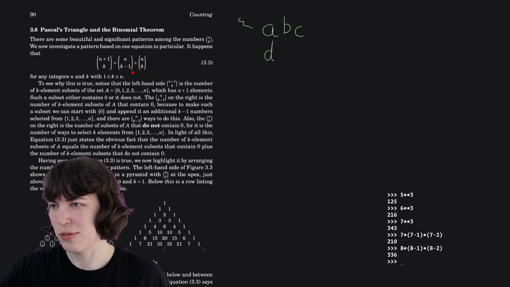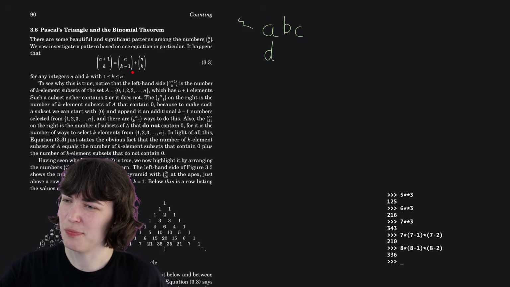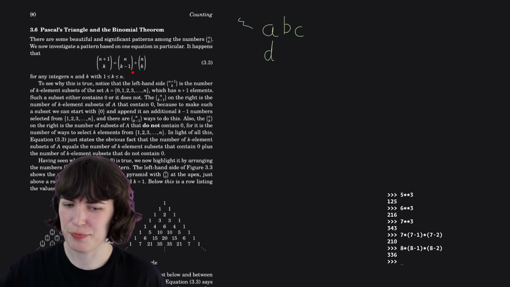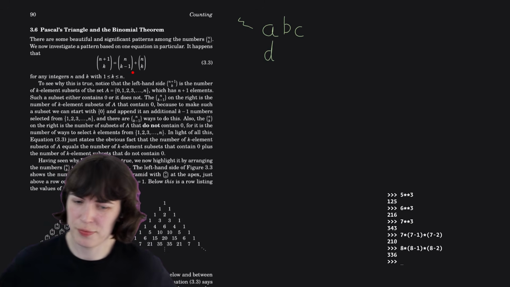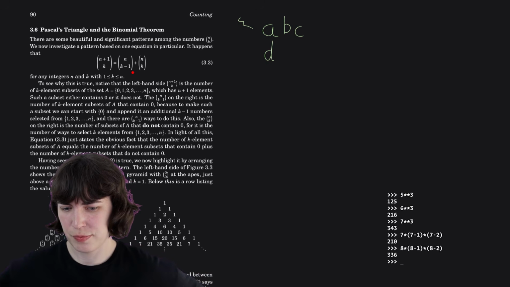So if we have... maybe it makes sense. It's probably going to be like a side of the triangle, right? That's probably what we're going to end up looking at. Interesting.